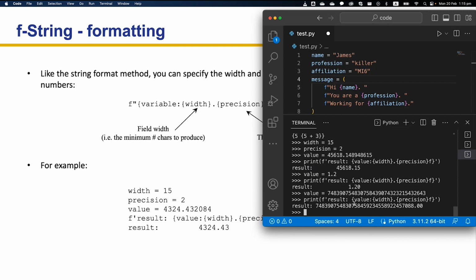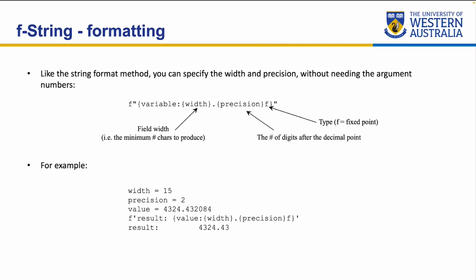So this way you don't lose the information about the value, because if it doesn't fit, it's just going to override the width to suit whatever it is, but it will still display the precision of 2 decimal places.